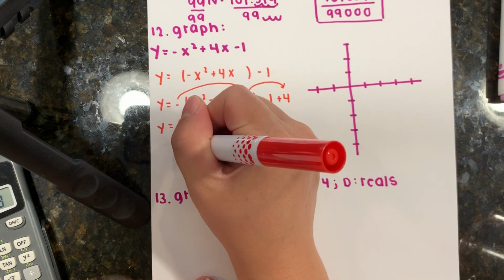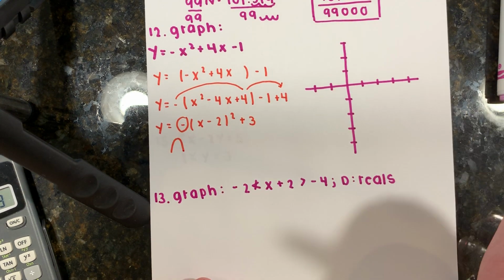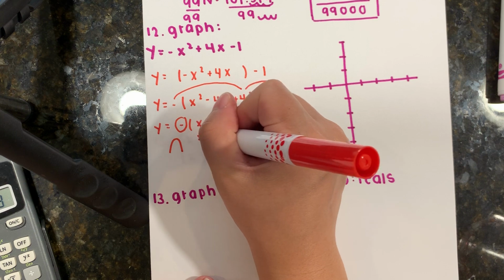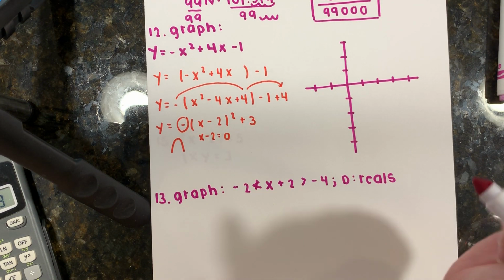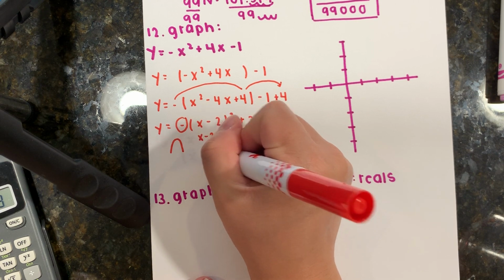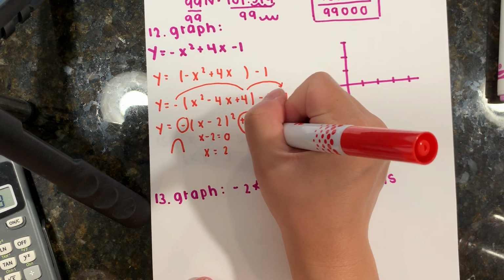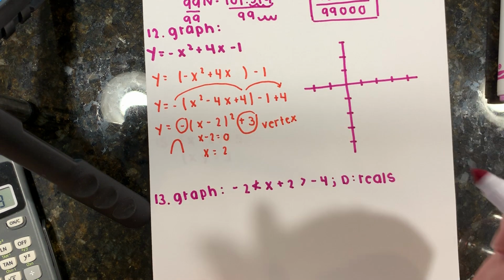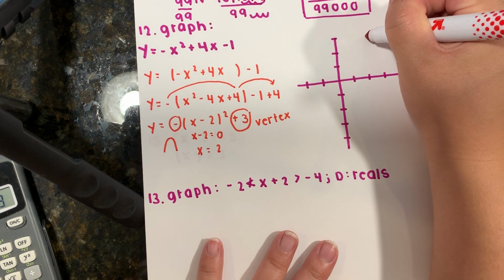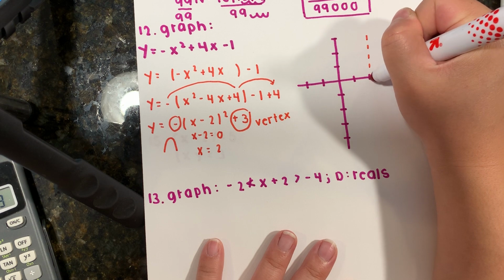This minus sign tells me that the parabola is going to open down. The x minus 2 is going to be my axis of symmetry, so I set that equal to 0. So x is equal to 2. And this is going to be my vertex where I'm going to start on that 2. So at positive 2, I'm going to have a dotted line like this.